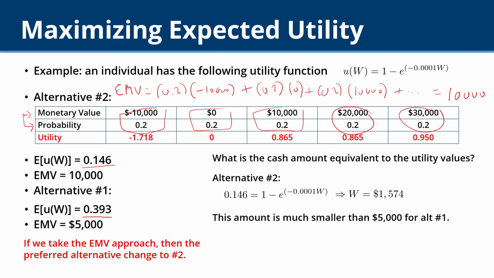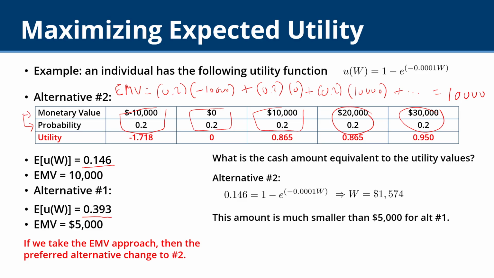When we used expected utility, we concluded that we wanted alternative number 1 over alternative number 2 because it had the higher expected utility. The cash equivalent or the monetary value equivalent also confirms the same outcome, right? The cash amount equivalent for alternative number 2 has a lower value than the cash equivalent value for alternative number 1, which is $5,000. So again, this confirms what we got earlier.